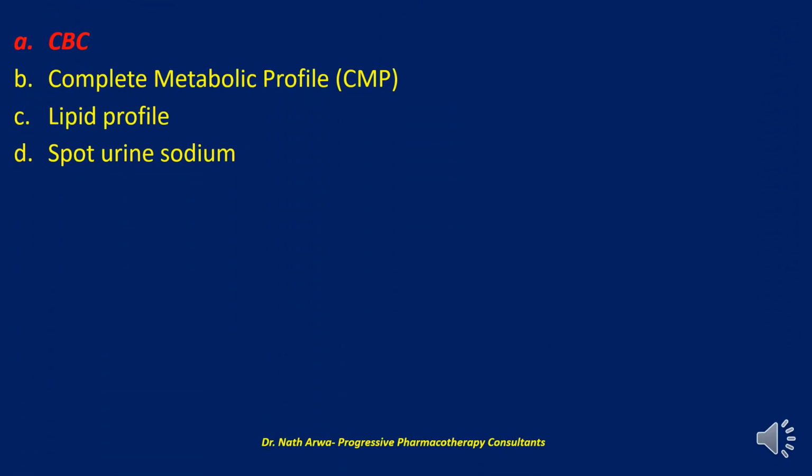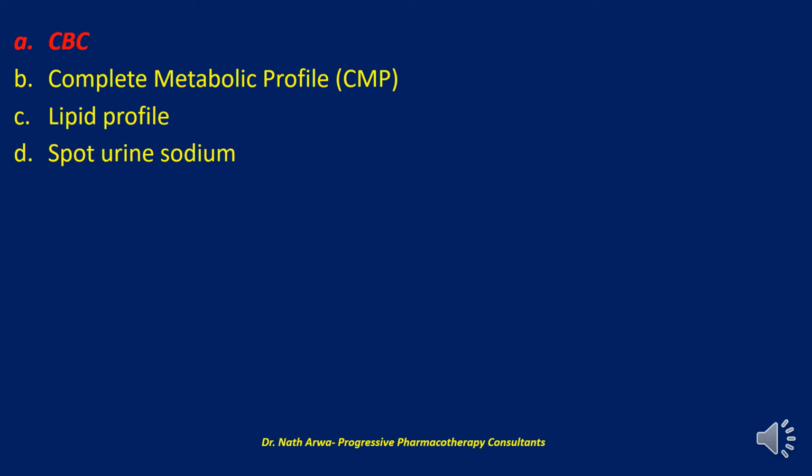CBC it is, in my opinion. In a workup for hyponatremia, a basic metabolic panel or comprehensive metabolic panel and a spot urine sodium with or without chloride is helpful, along with considering a lipid profile.